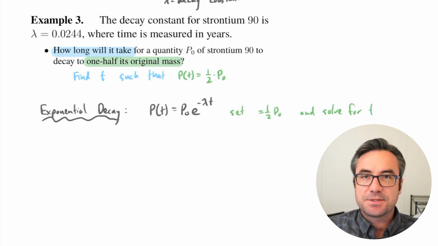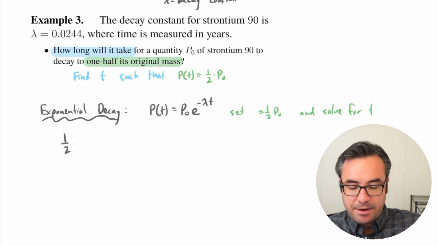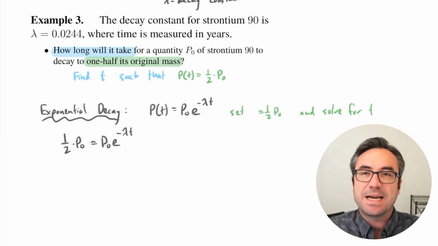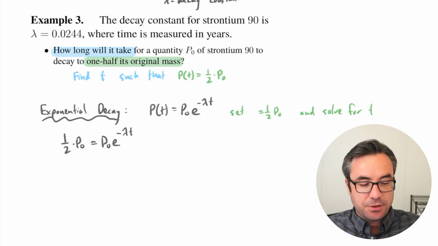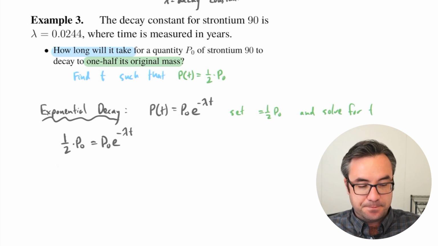All right, so let's see what happens. So we're going to take 1/2 times P0, set that equal to our decay formula. So P0 times e to the negative lambda times t. And this gives us an exponential equation that we want to solve for t.